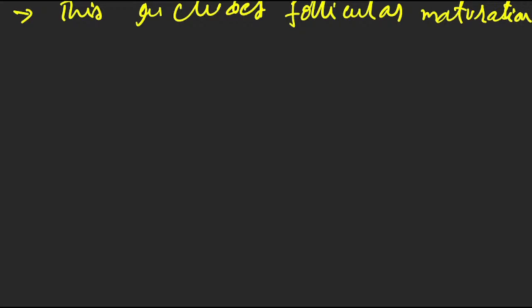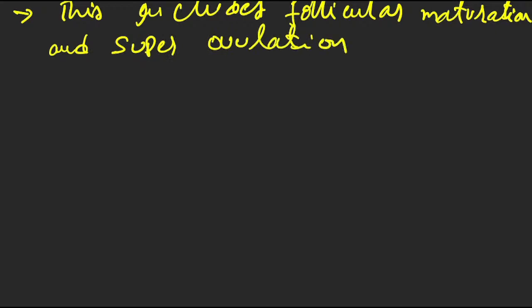What is the follicular? Primary follicles, secondary follicles, tertiary follicles, or mature follicles. Graafian follicles are mature follicles. So these hormones are useful for the maturation of these follicles, and superovulation.